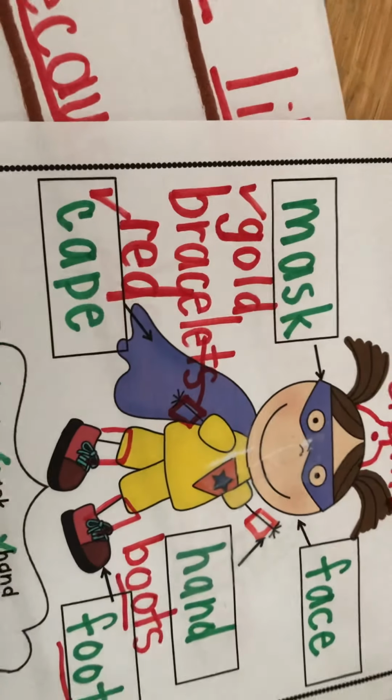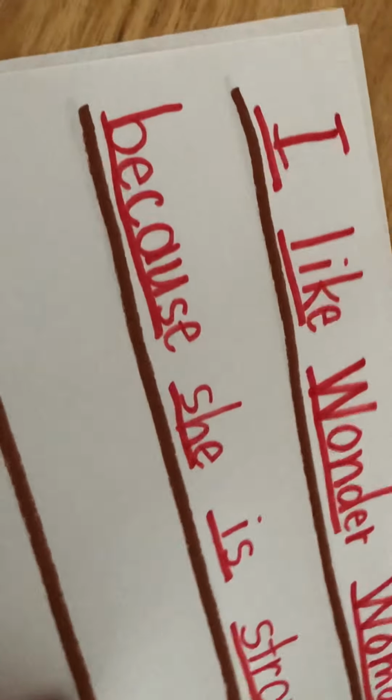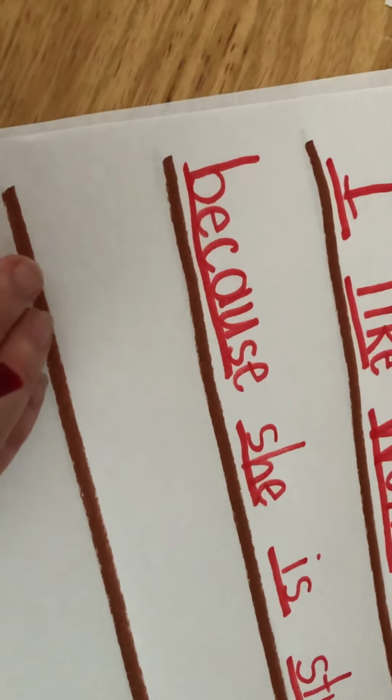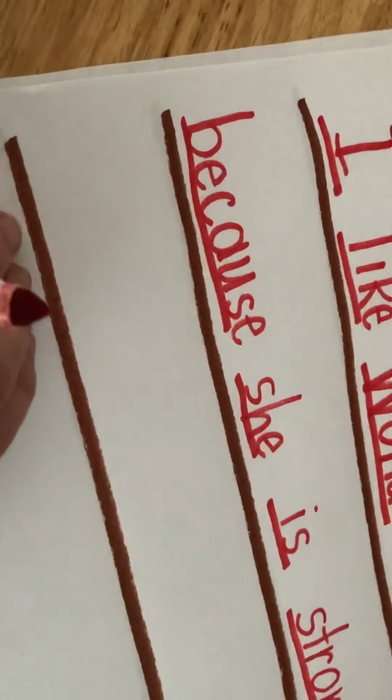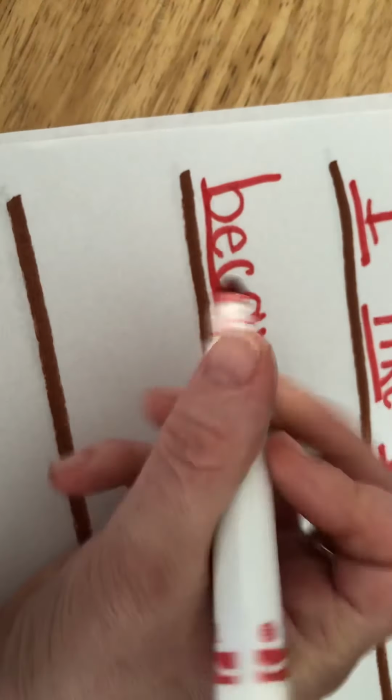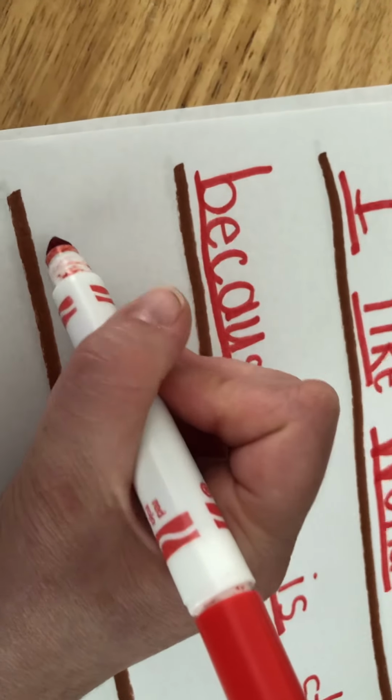Now let's go back to my picture I labeled, and I'm going to write about her red cape next. All right, so let's go to the next line so we can begin our second sentence. I like her red cape, so I'm going to say her red cape is cool. So let's do the lines again so we can remember our sentence.